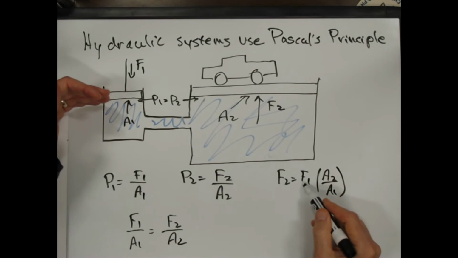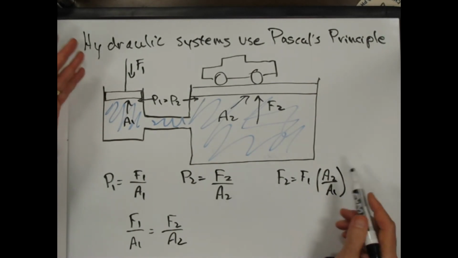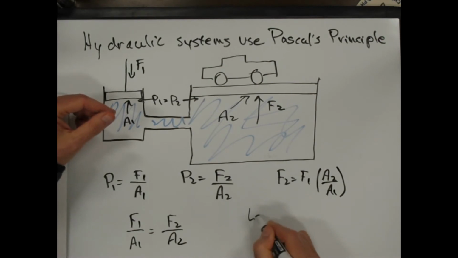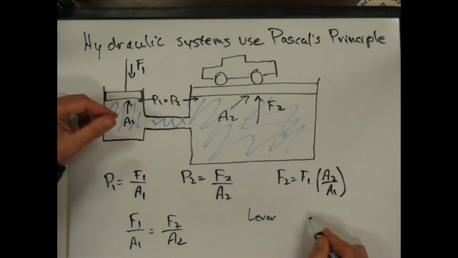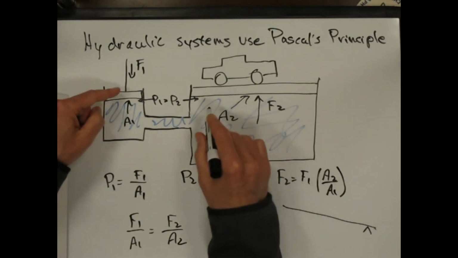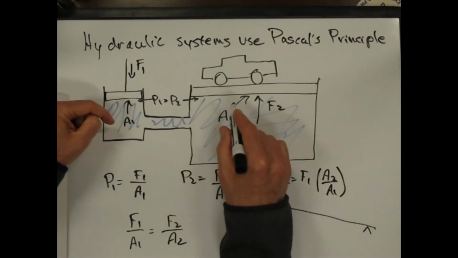If you make 100 times an area, you get 100 times the force. It's very similar to a lever, where if I have a really long lever arm and here's my fulcrum, if this side is 100 times longer than this side, I get 100 times the force. This one would have to move 100 times as far, and so that's the trade-off you get. But you get a very large force from a very small force as long as you're willing to let it move slowly.